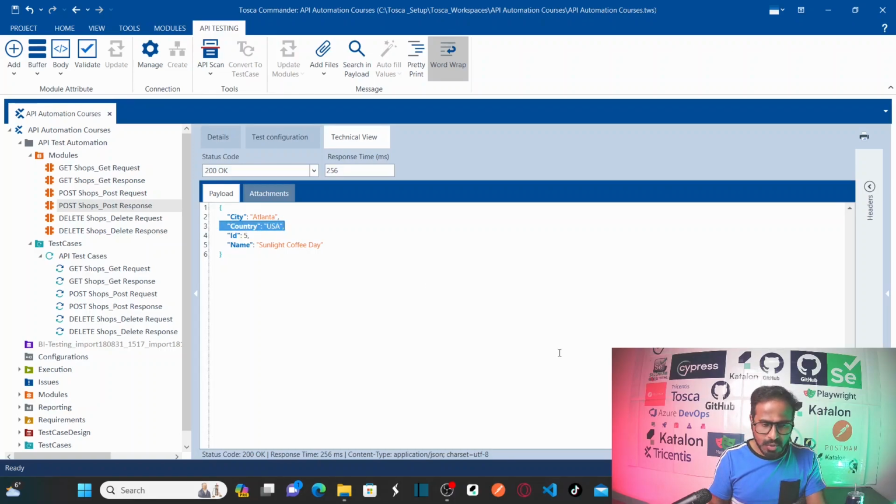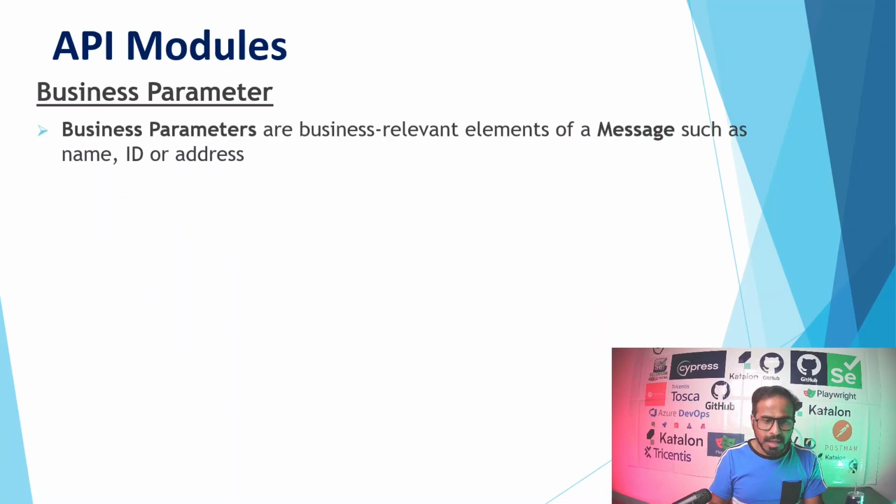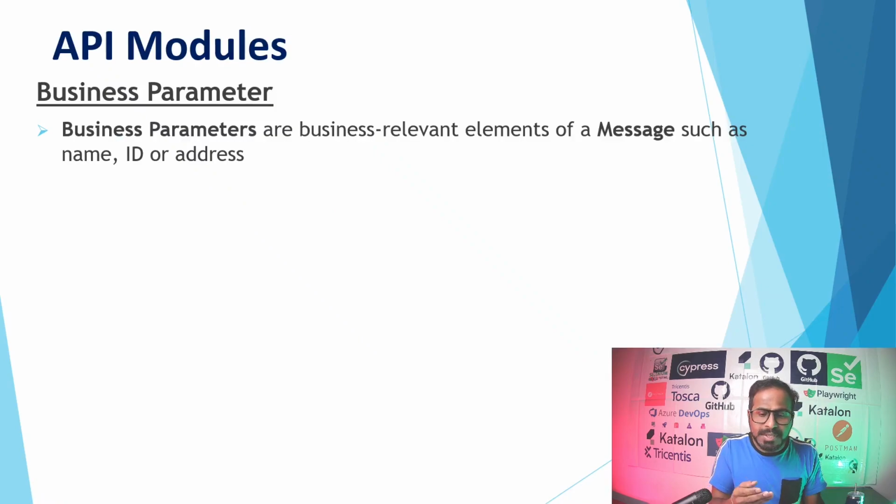Let us go back to our slide 5. Business parameters are business relevant elements of a message such as name, ID, address. As I told you here, for example, city, country, ID, name. These are your elements, and these elements can be created as your business relevant elements, business parameters.